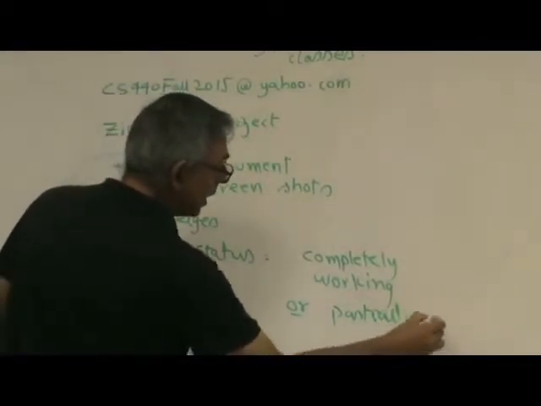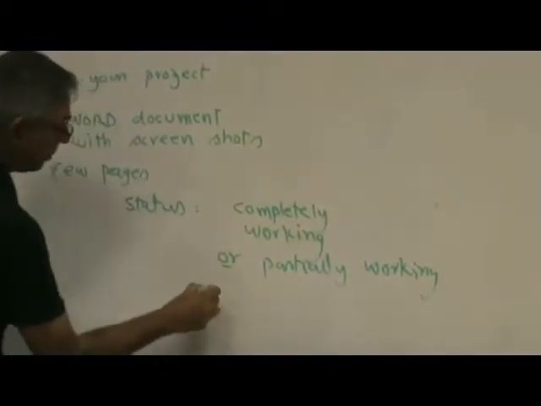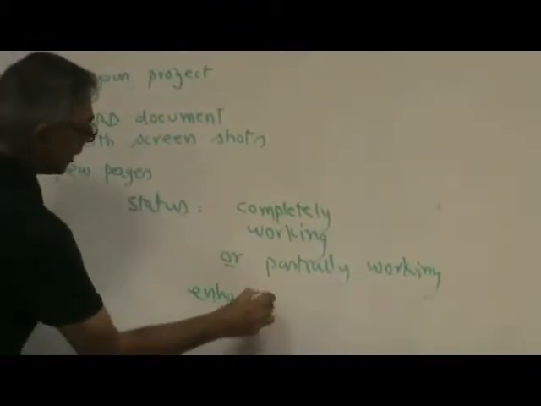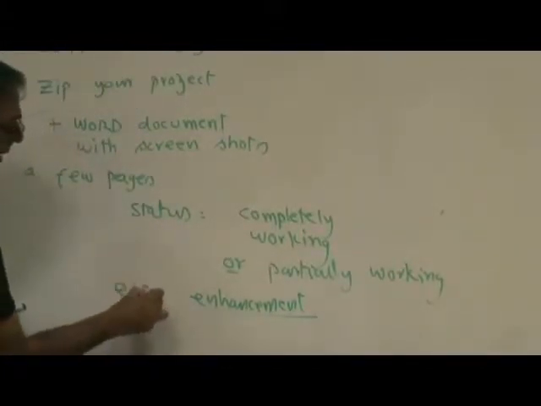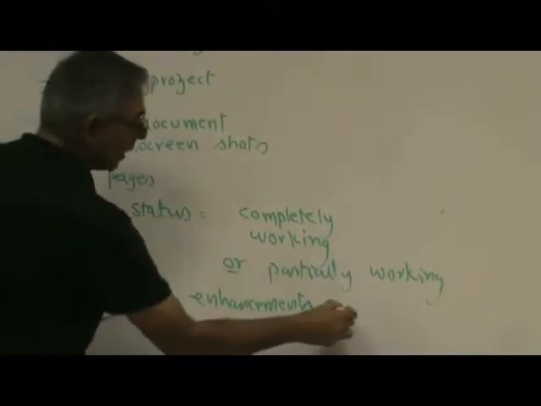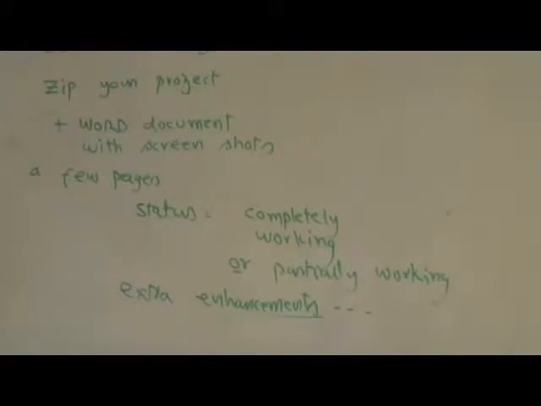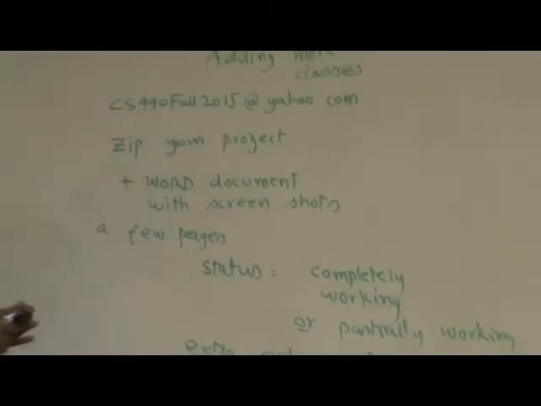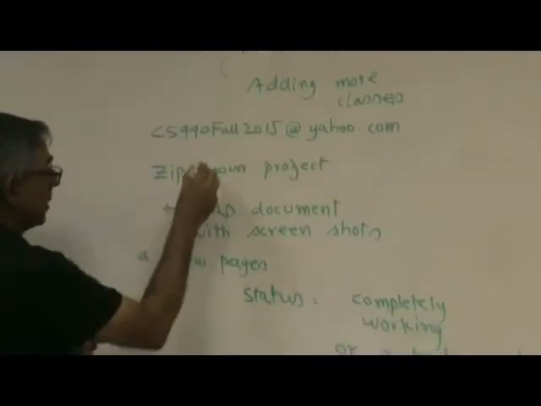If you did any enhancements, so for example, if you went beyond the requirements and did some extra enhancements, make sure you mention those so that the graduate assistant can appropriately grade it and give you the due credit. So anyway, put the Word document and also your source code.